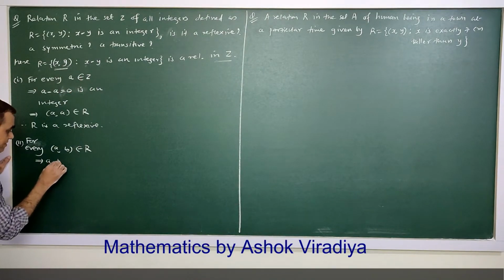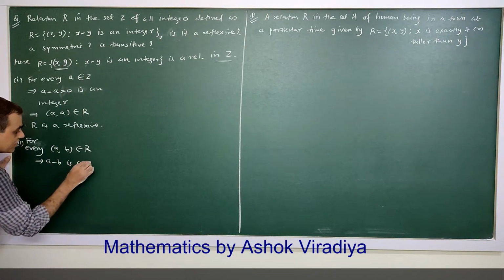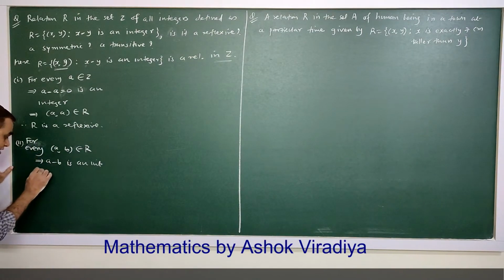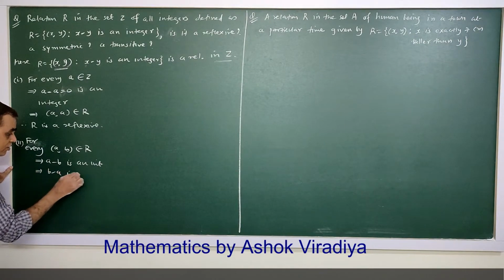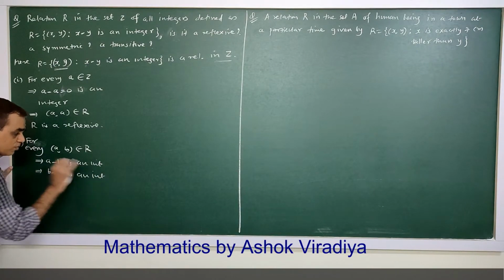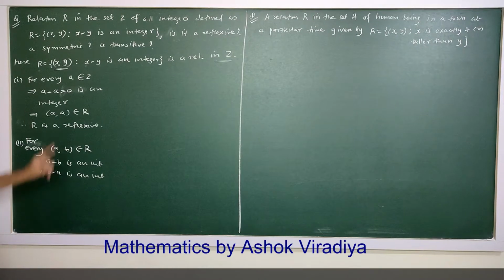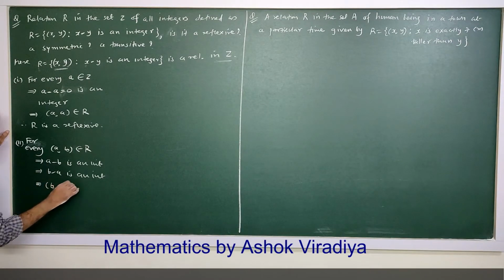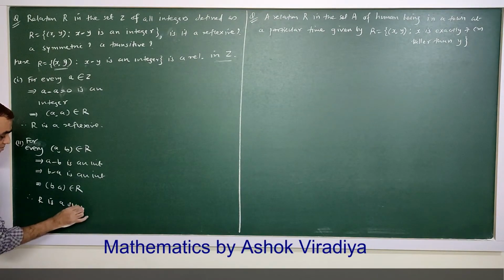This means the difference will be an integer. If A minus B is an integer, then B minus A is also an integer. It is always true. And if B minus A is an integer, then (B, A) belongs to R. Therefore R is a symmetric relation.